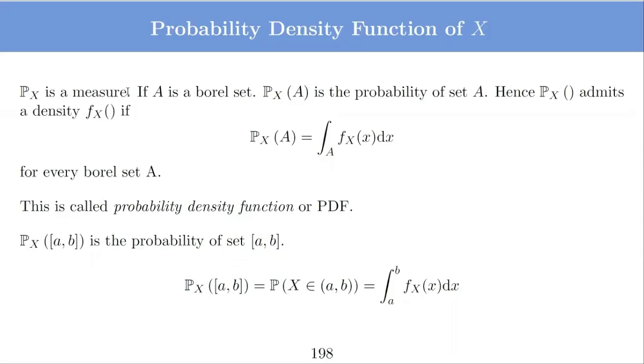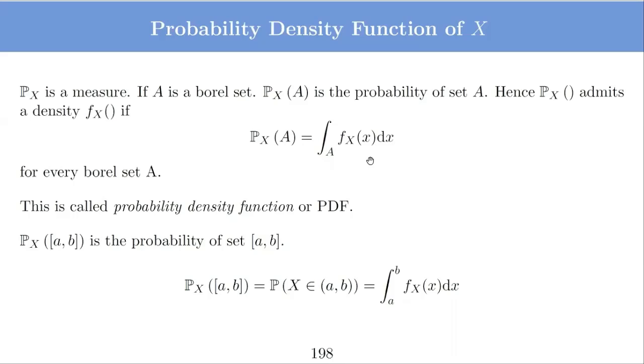So we can define a density for it. Here P_X(A) is the probability of set A, which is like the size of this set A. Hence P_X admits a density f_X if the probability law of this set A can be computed by integration of f_X(x) dx over set A, and this is true for every Borel set A. Then this density has a particular name because it is a density of a probability measure. We call this the probability density function or PDF.